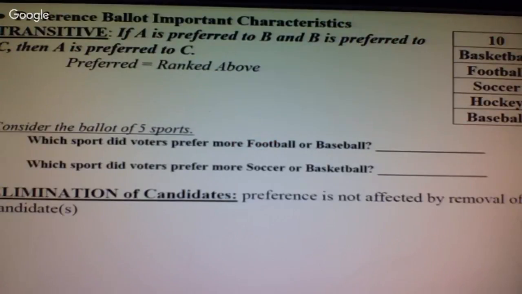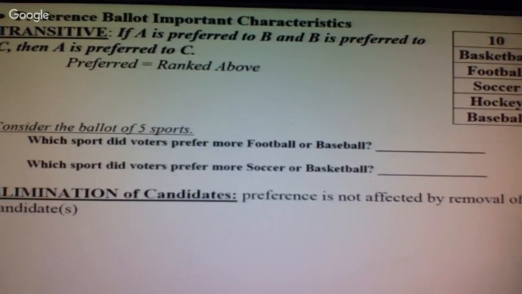Okay, so preference ballots, important characteristics. Preference ballots are transitive. This says if A is preferred to B and B is preferred to C, then A is preferred to C. What does that mean?